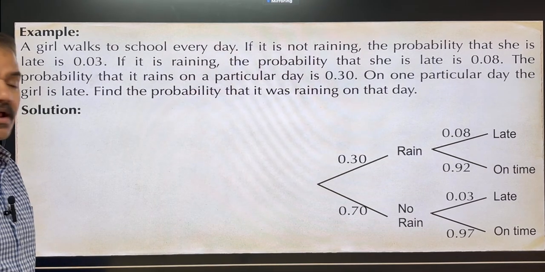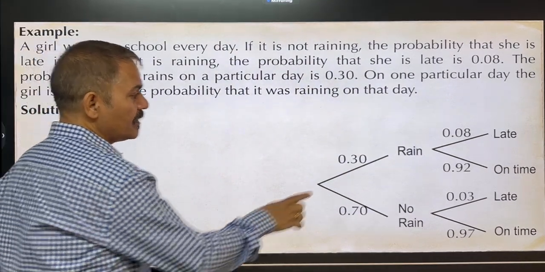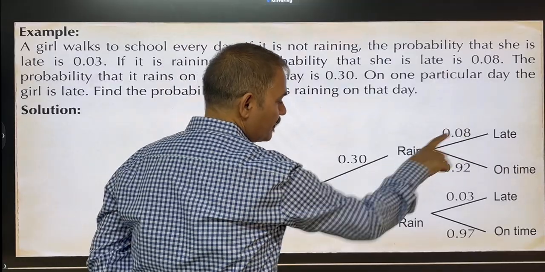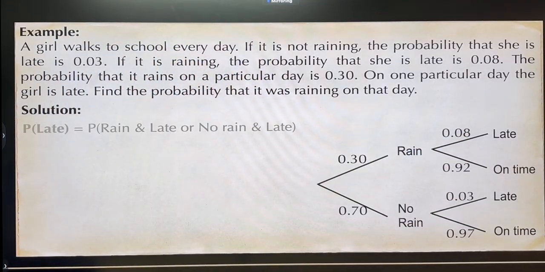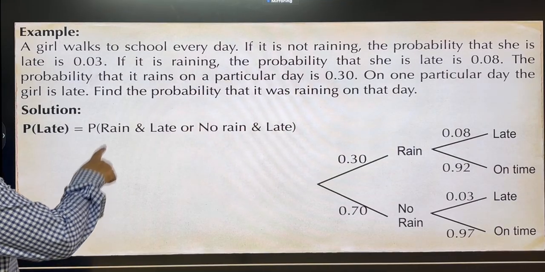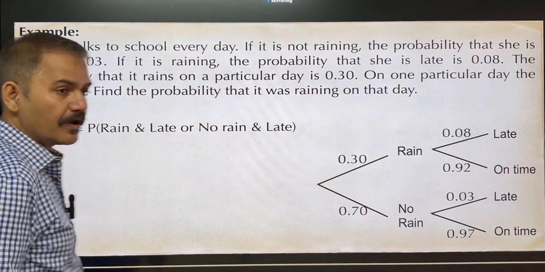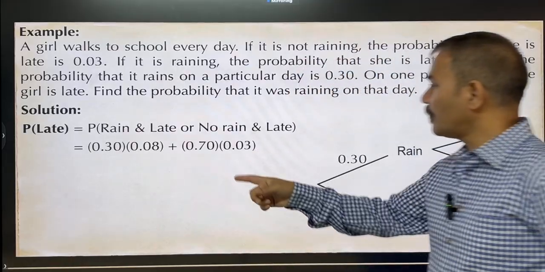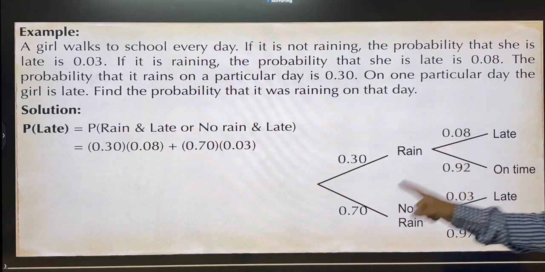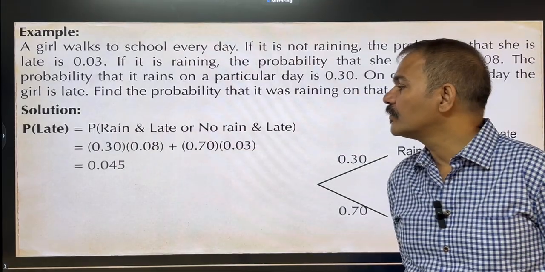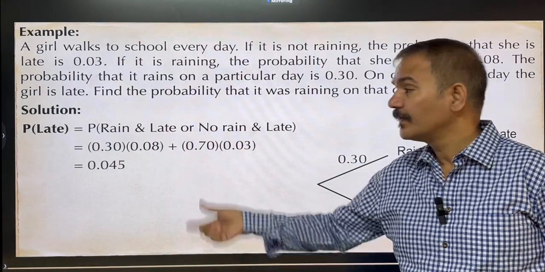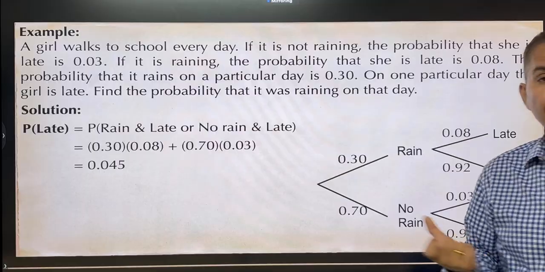If the girl is late, what is the probability? It is raining and she is late, or not raining but still she is late. So the probability of being late is the probability of rain and late, or no rain and late. When you work out these probabilities, 30% times 0.08 plus 0.7 times 0.03 gives 0.045. So this is the total probability of being late.